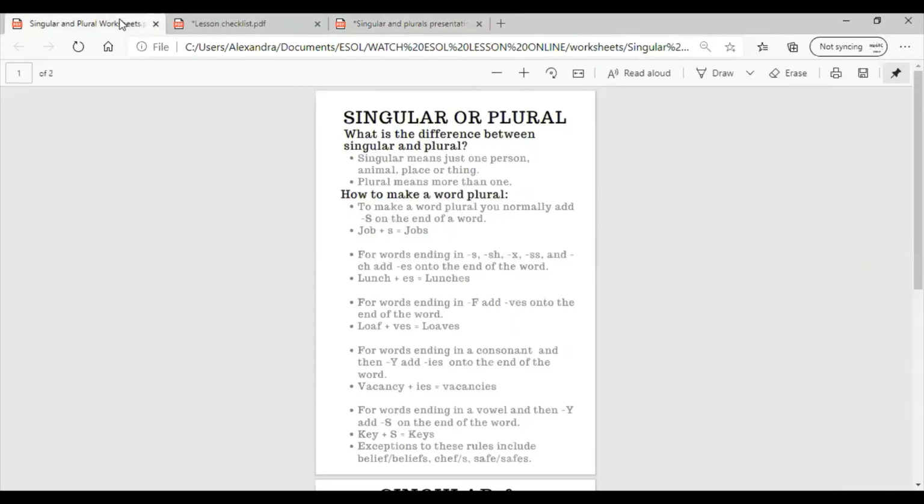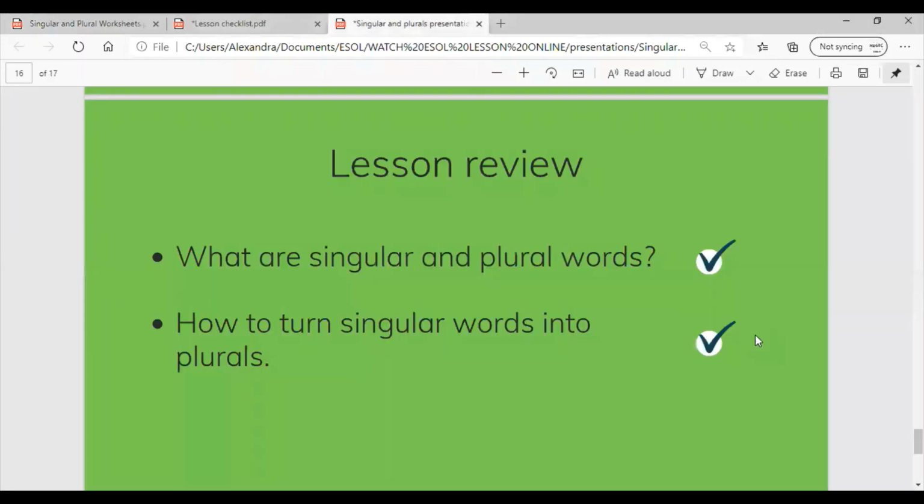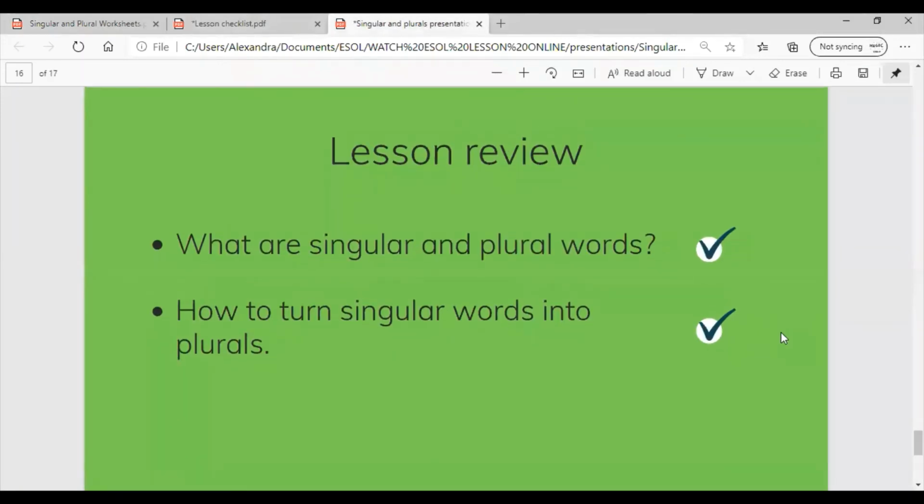But also don't worry, if you're on Accelerator, in the email I sent you, you've all received the singular and plural worksheets, and we've got all these spelling rules on the worksheet and in the ESOL booklet. So you've got all of these to refer back to if you didn't catch it all today.